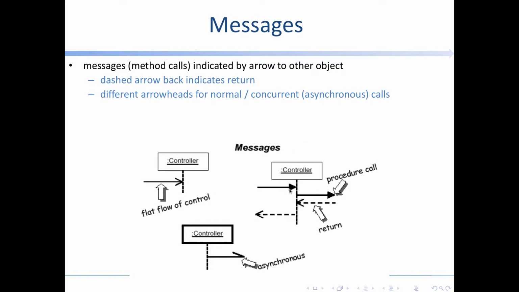So here you can see that a function is called in this controller instance, and it's going to return from here, and within the controller it's going to call another function and it's going to return. So the dash lines will be the returns, okay? And this type of representation with an arrow with a single line is called an asynchronous call, which is a concurrent call, like a parallel call, where you're not waiting for it. It's happening in the background.